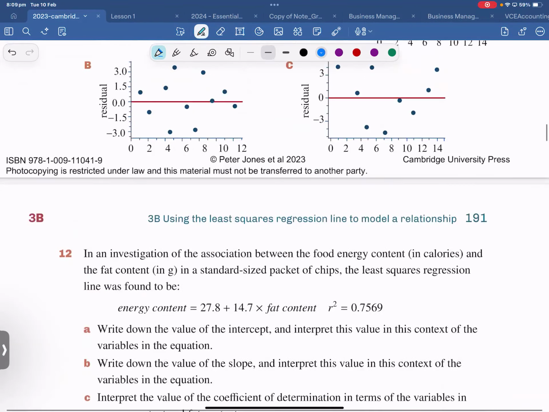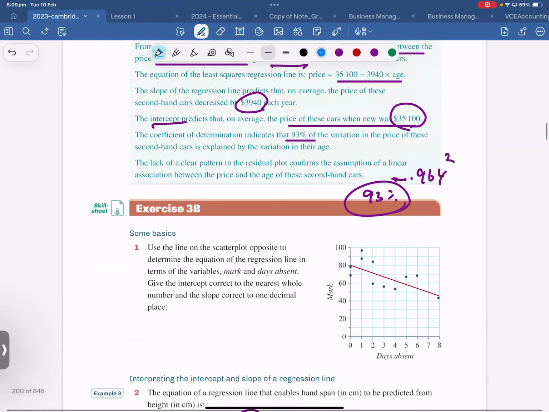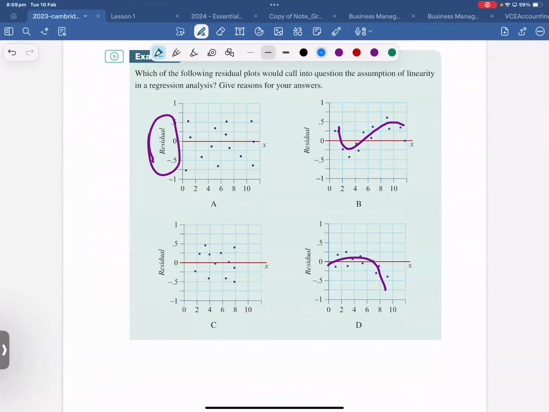Do you remember? No, I'll show you. We will do this question after. Is it B times S of Y divided by S of X?